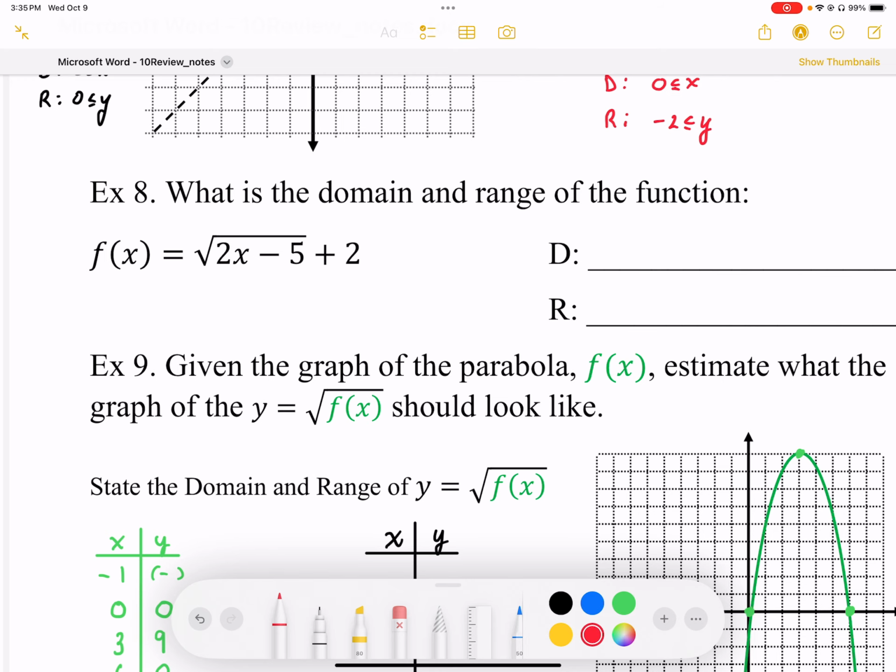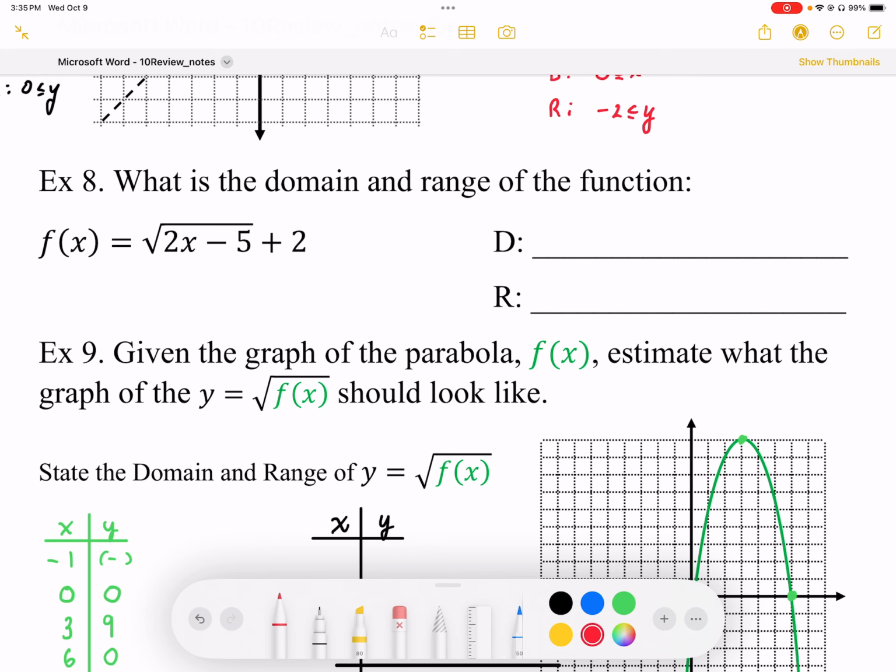For number 8, it says, what's the domain and range of the function? Well, the domain is going to be based on some restrictions, and those restrictions are going to be based on the inside square root. Okay, so that inside square root, we know that the boundary is going to be 0, so solving this 2x minus 5 equals 0, I get my boundary is equal to 5 over 2 or 2.5.